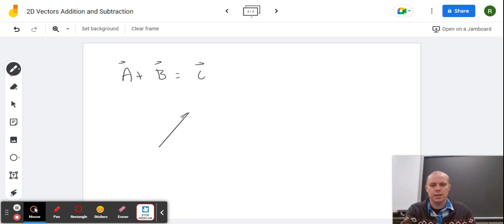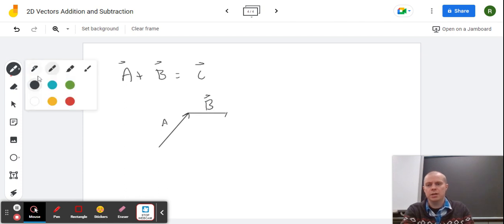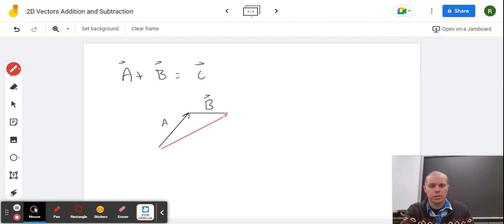if this was A and this was B, then C is the line from the start of A to the end of B. Okay? So let's say we wanted to rearrange this equation a little bit.